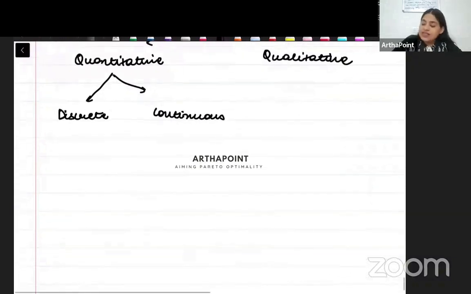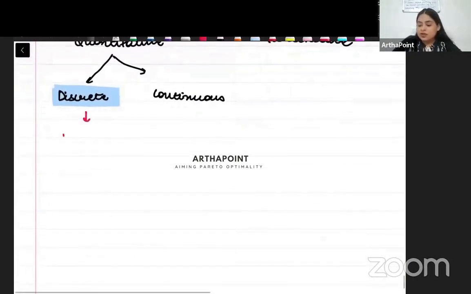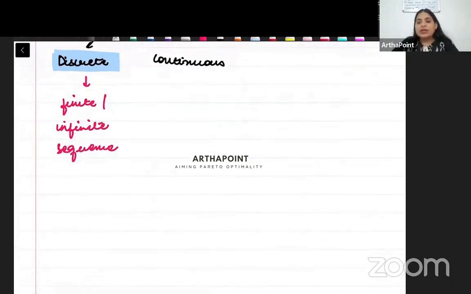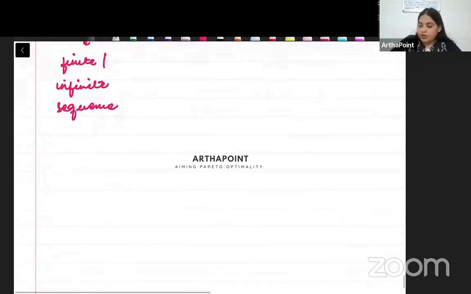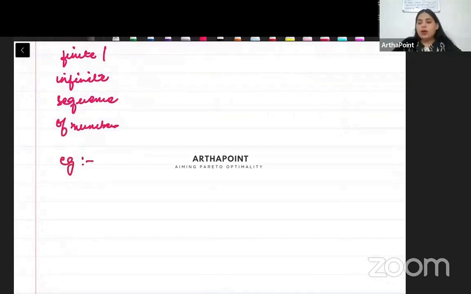Right? When I say discrete, discrete is anything which is either a finite or infinite sequence. Sequence माने के I am writing it in terms of a finite or infinite sequence of numbers. जैसे for example, when I say that I want to give the rank of the students.